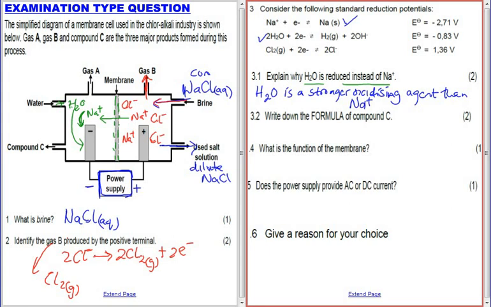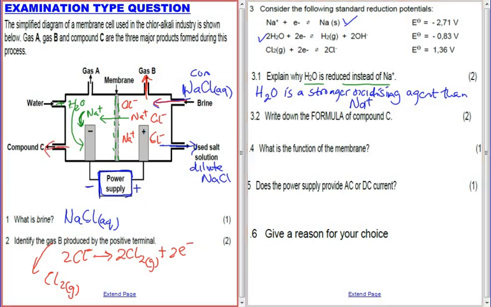Write down the formula of compound C. We just have to figure out where compound C is on the diagram, and we are not disappointed at all. It's this one. Well, it's at the cathode. So since it's at the cathode, it is the product we form at the cathode. I think you remember the gas A, if you look at gas A, that certainly has got to be which gas?